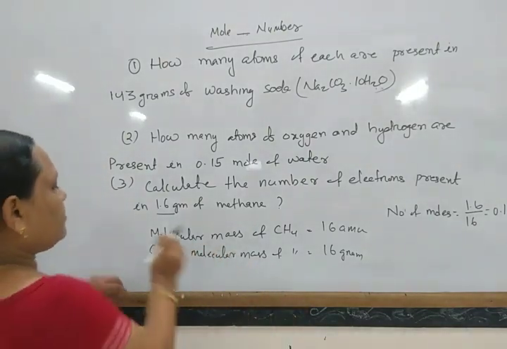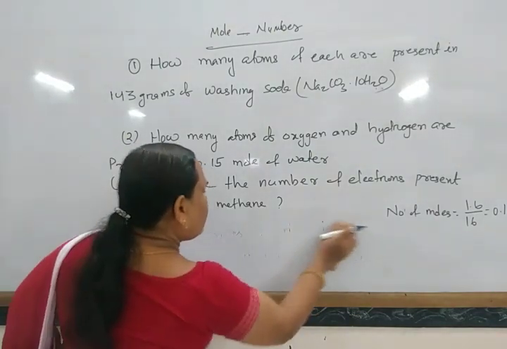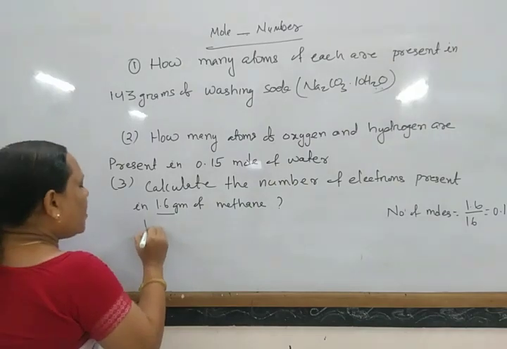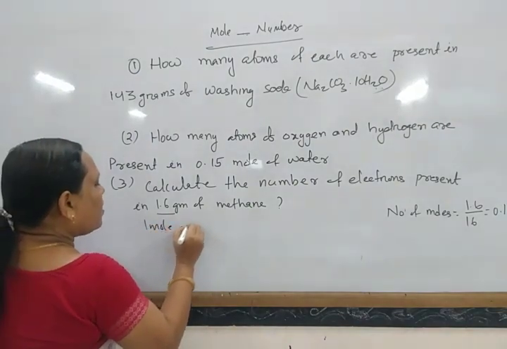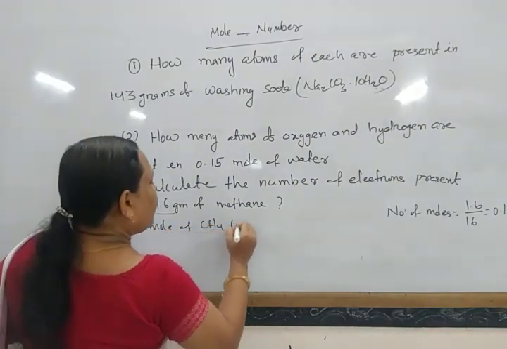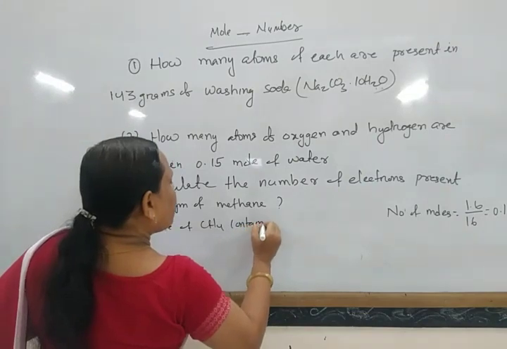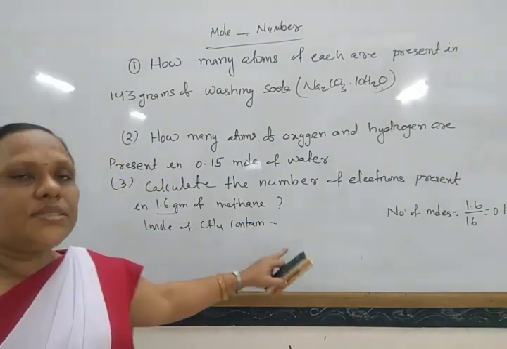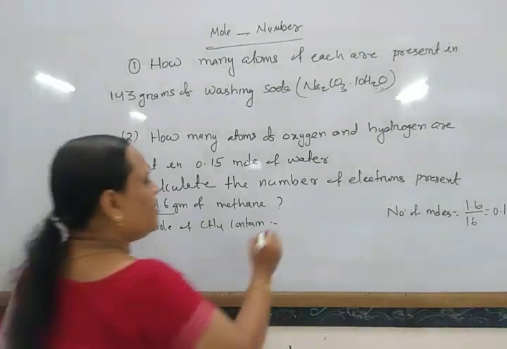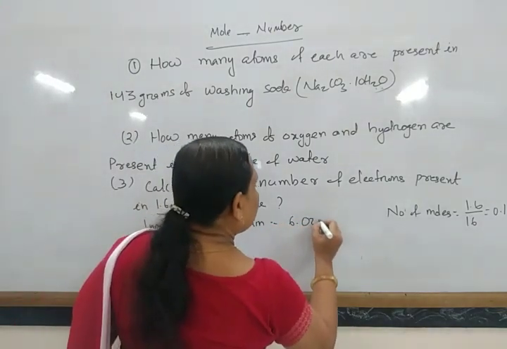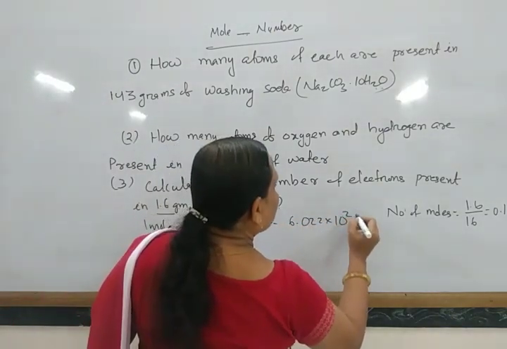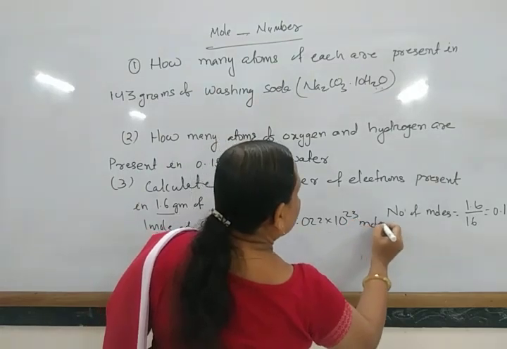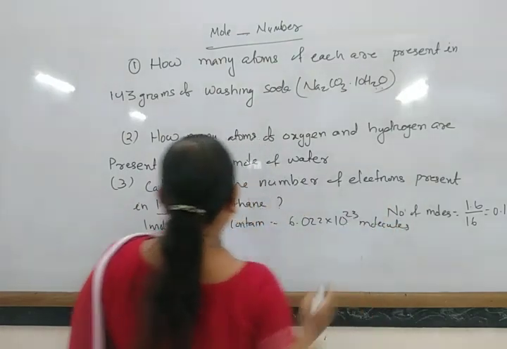Then 1 mole of methane contains how many molecules? 1 mole means 6.022 × 10^23 molecules.